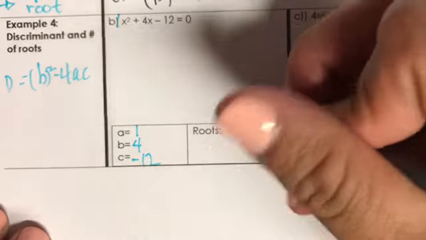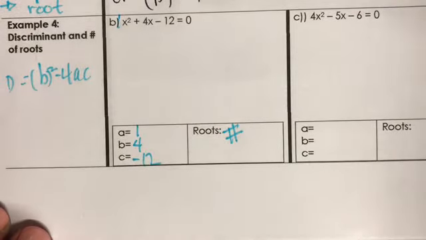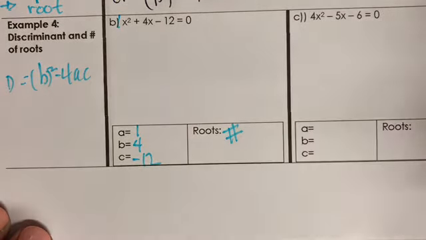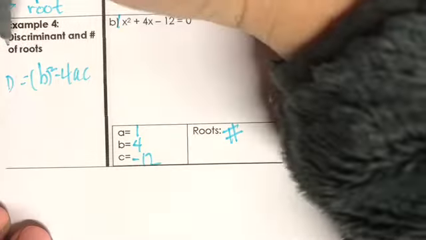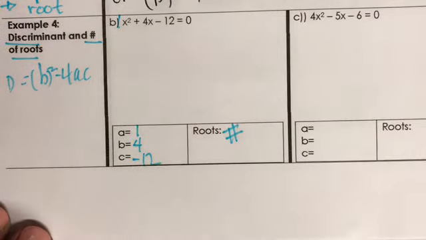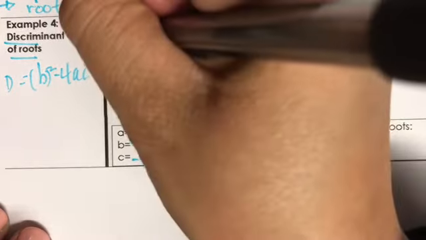And now it's not asking for the roots, it's asking for the number of roots, because we're talking about the discriminant. We're not going to factor this. So it just says discriminant and the number of roots. So now I say that D equals B squared minus 4AC.